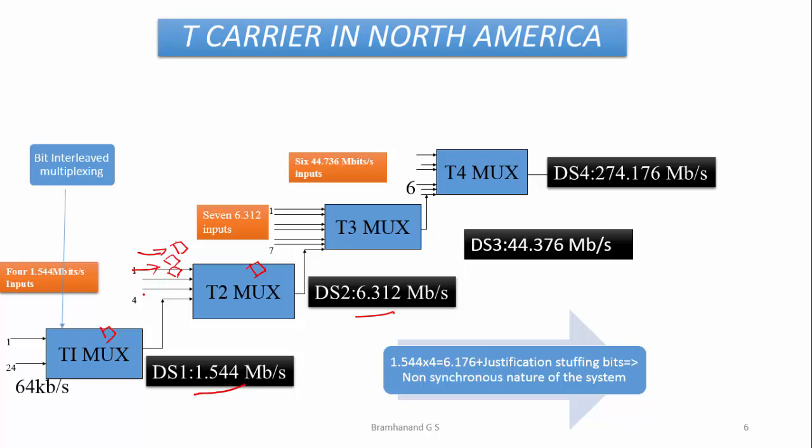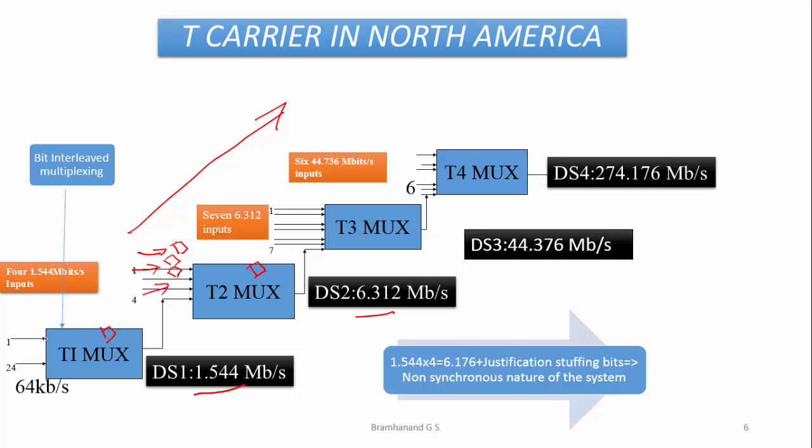So the data comes at different intervals of time, and when the mux expects some data, there may not be data. So what this mux does is insert some justification bits to compensate for the speed, and it ensures that the output data rate is fixed. So this continues, and the overhead gets added at all the stages.